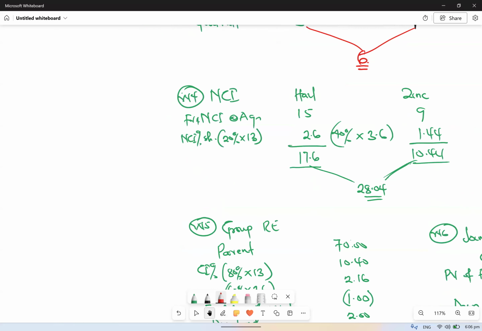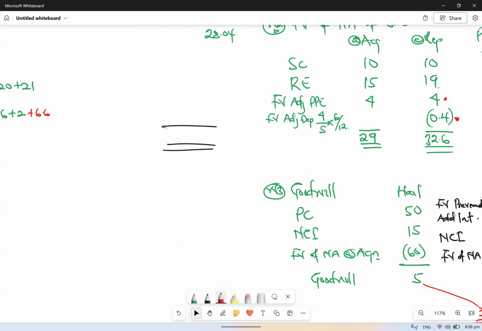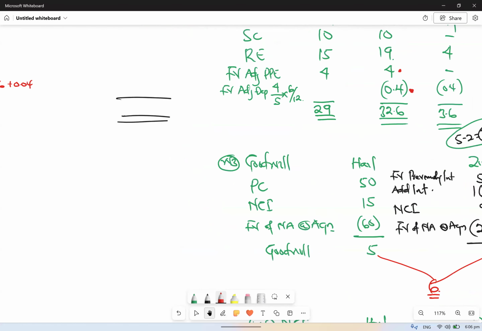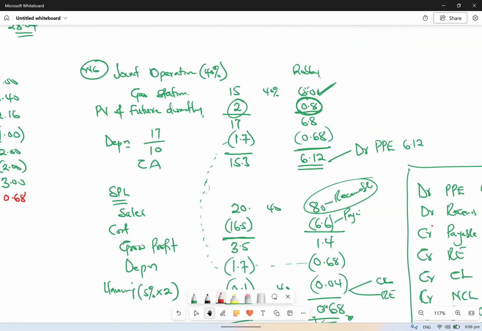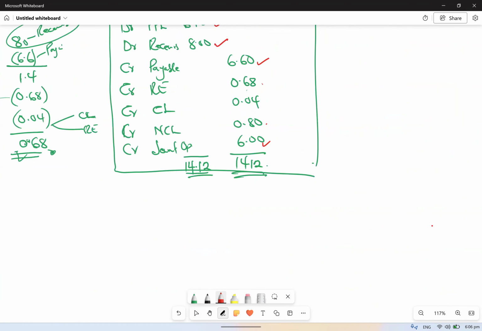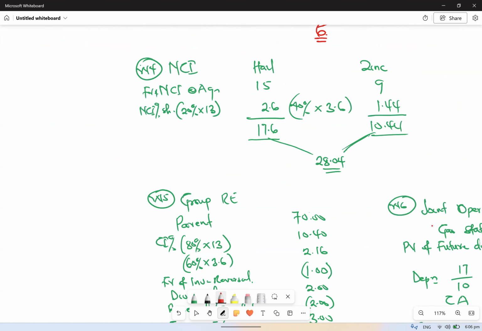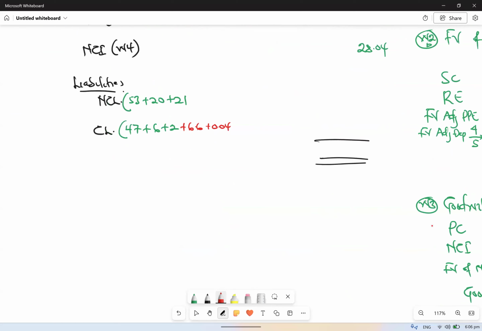Then we have unwinding 0.04. Then last one, what was that? So I've done the 0.68, 0.04, NCL 0.80, his portion of the 0.80. So that is it for the joint venture. You've captured everything that is there.